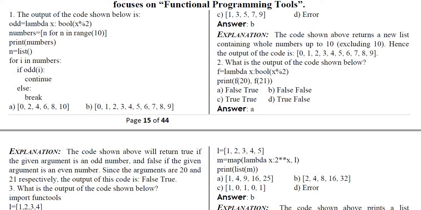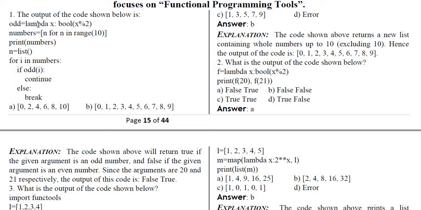Lambda is basically a function which does not have a name. If you don't know the name of the function and you don't know how many parameters you have to pass to the function, then you will use lambda. So it's a kind of function which doesn't know the name as well as the number of parameters we have to pass.